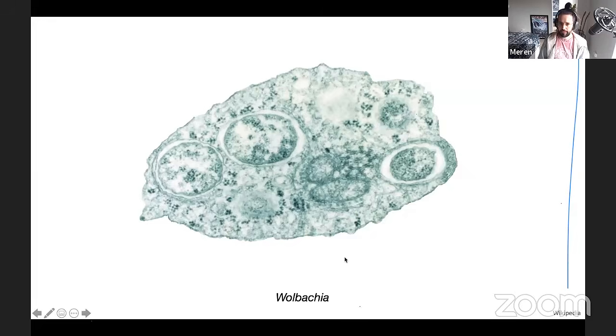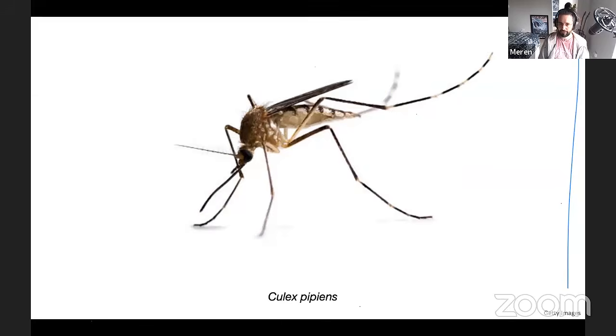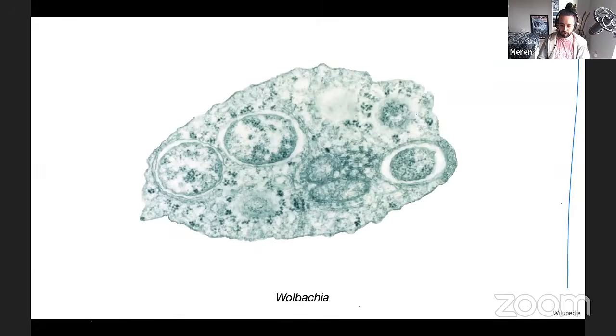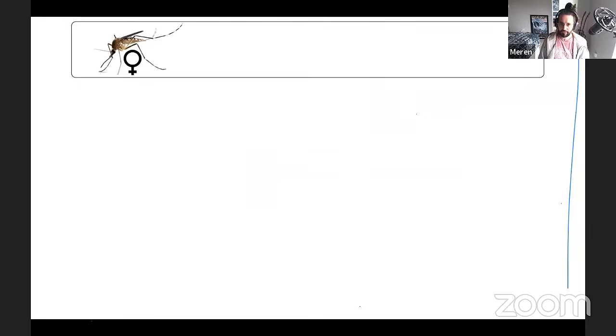This is an intracellular bacterium that lives in the ovaries of Culex pipiens. So essentially, this bacterium lives in the ovaries of this Culex pipiens and is vertically transmitted from one generation to the other. What is interesting about this is this. When a female mosquito and a male mosquito come together and have sex, they create all these offspring.